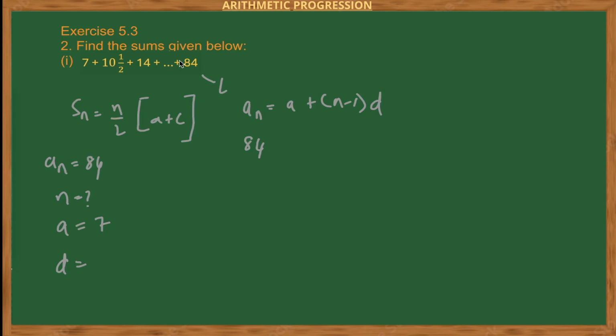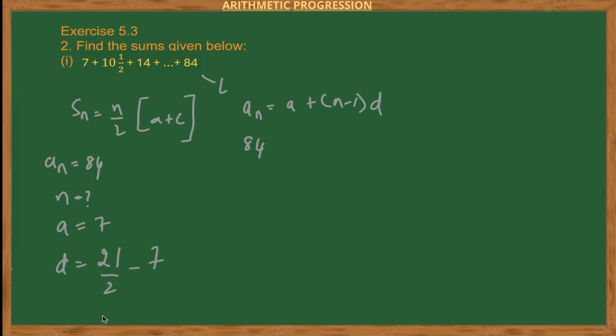Okay, so this is in a mixed fraction, so let's put it in a proper fraction. Okay, in a fraction format. So 10 times 2 is 20, 20 plus 1, 21, 21 divided by 2 minus 7.